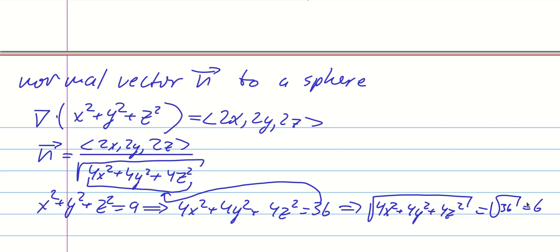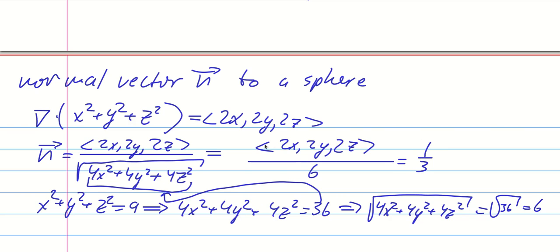And if we calculate it, we're going to get 2x, 2y, 2z divided by 6. If we simplify it, we take 2 out, over 6, which is 1/3. So 1/3 times x, y, and z, that's our normal vector n.